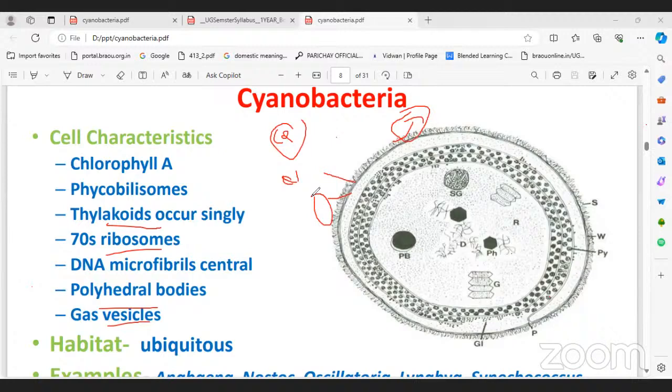After that, cell organelles. Actually, before cell organelles, you should write about the nucleus. Tell me about the nucleus in cyanobacteria.